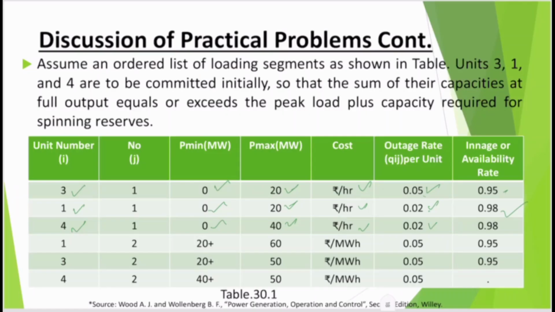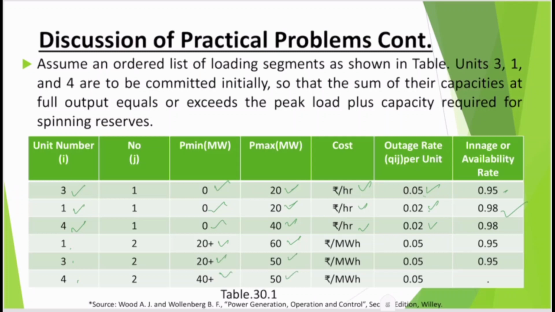Now moving further, there is one more interesting thing we have to look into. Next, units 1, 3, 4 have an incremental cost characteristic, that is rupees per megawatt hour, where the P minimum is going to be 20 plus and the P maximum is going to be 60 plus. And similarly it is 20 to 50 and 40 to 50.